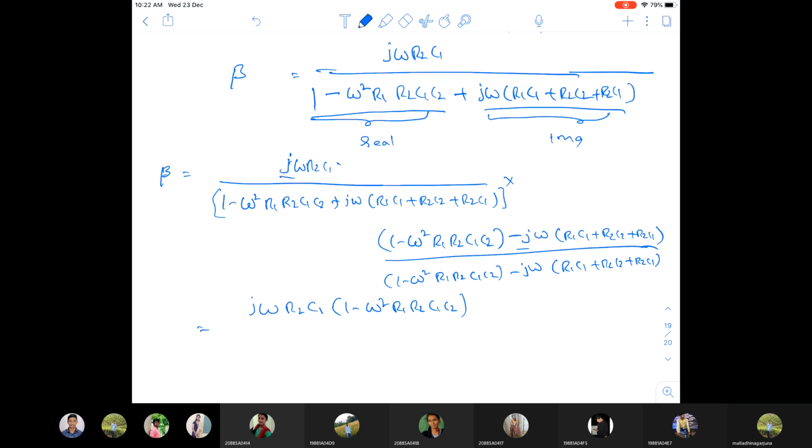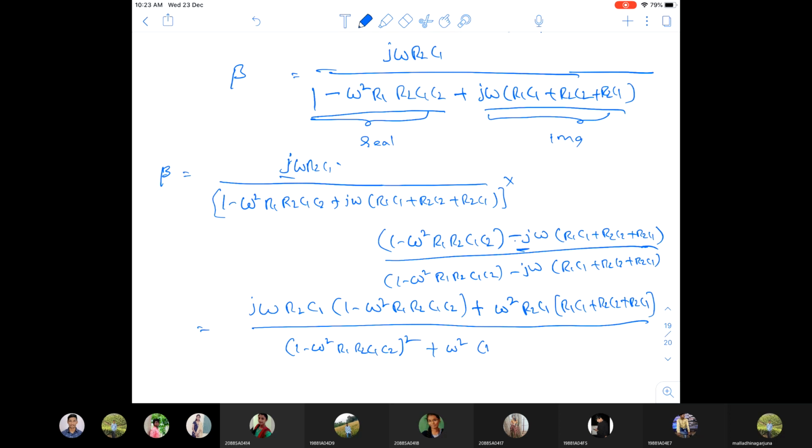Okay, j into j square is minus 1, and minus of minus becomes plus, omega square r2 c1 into r1 c1 plus r2 c2 plus r2 c1, divided by 1 minus omega square r1 r2 c1 c2 whole square plus omega square r1 c1 plus r2 c2 plus r2 c1 whole square. Am I right? So this is the beta value.